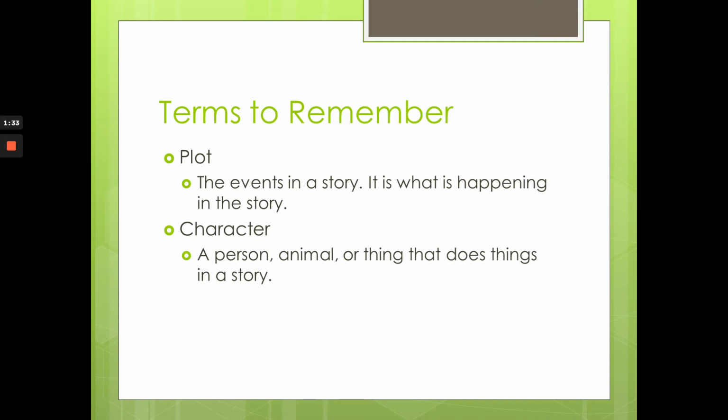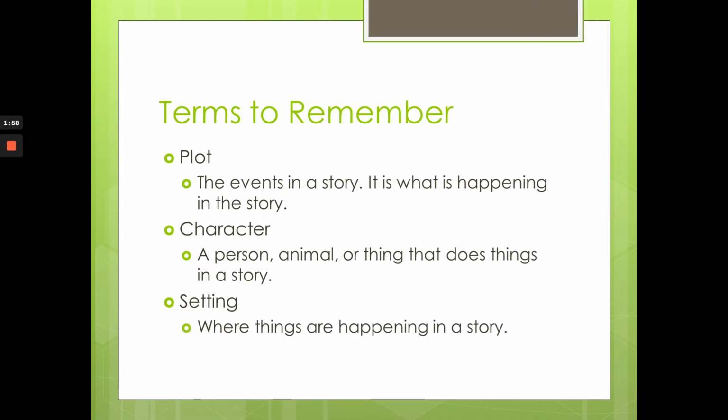So stop repeating me again. Like we just said, a character is someone or something in the story that is doing different things. What a character does helps move the plot along, meaning whatever the character is doing, that creates the events in the story.